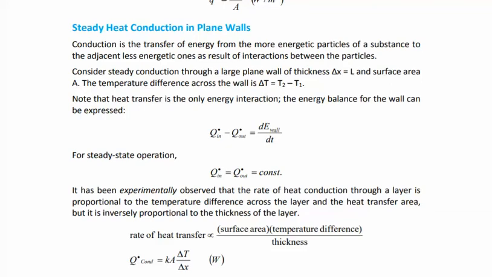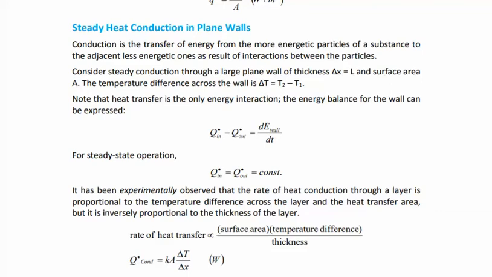Consider steady conduction through a large plane wall of thickness delta x, that is L, and surface area A. The temperature difference across the wall is delta T, that is T2 minus T1. The heat transfer is the only energy interaction.